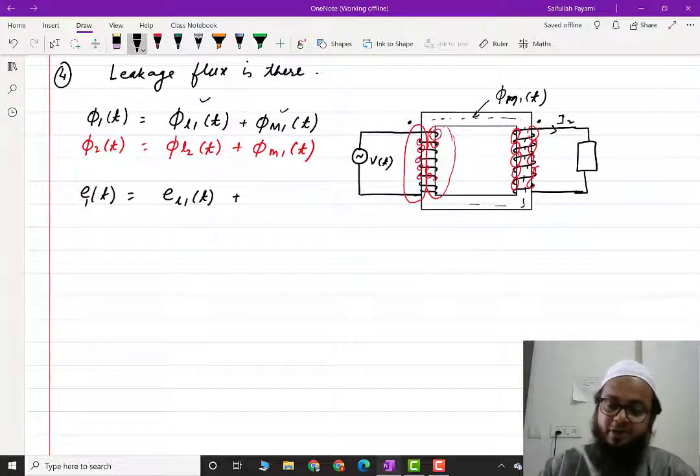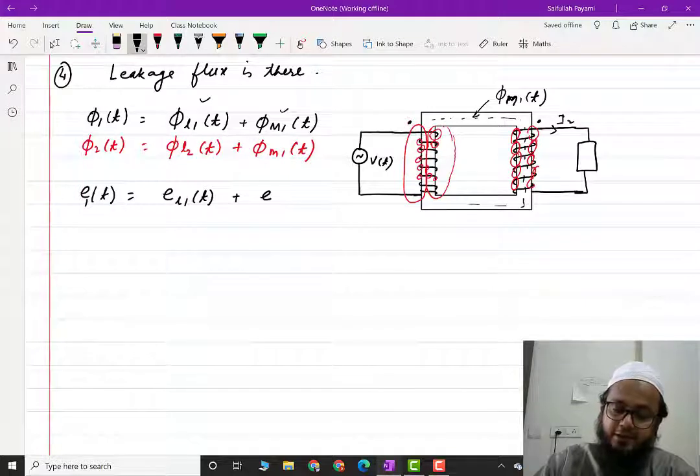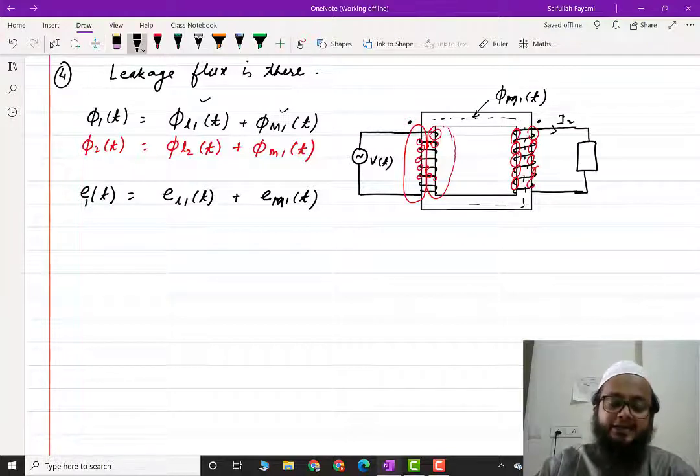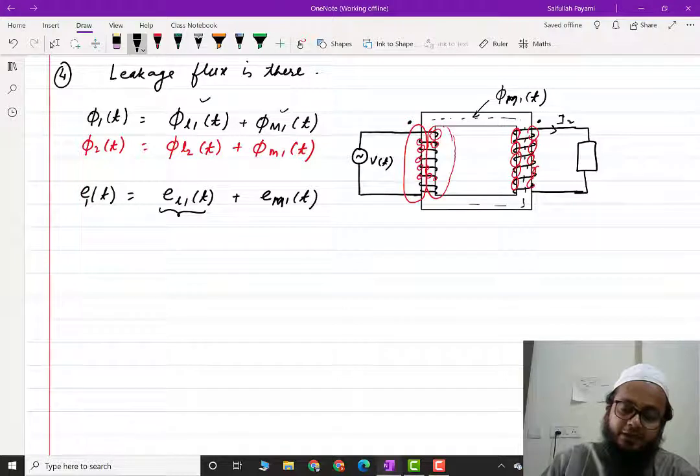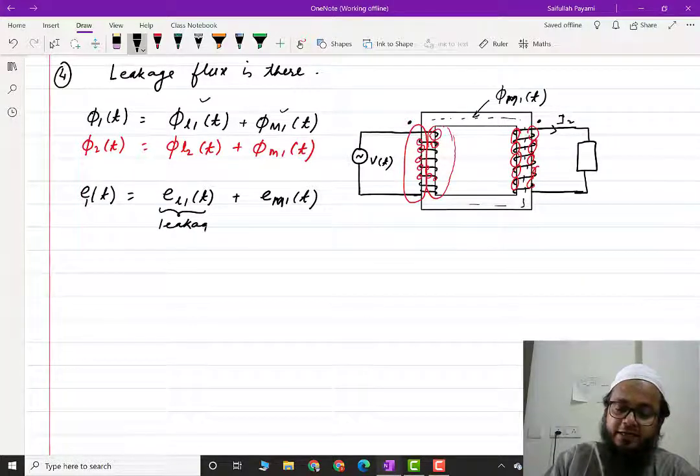Because of the main flux, let's say that component is EM1t. Earlier, when I said that leakage flux was not there, E1t was directly EM1t, but now leakage flux is there, so because of that there will be some induced EMF. EL1t is because of the leakage flux; this voltage drop is because of the leakage flux.